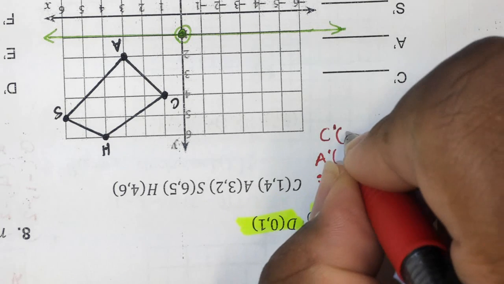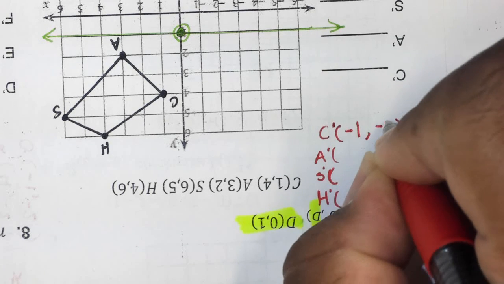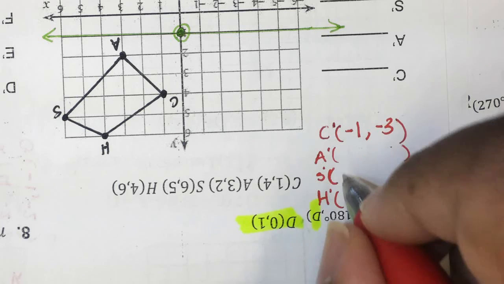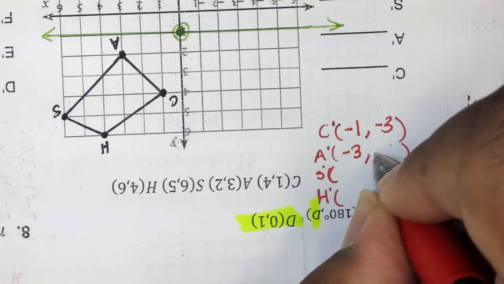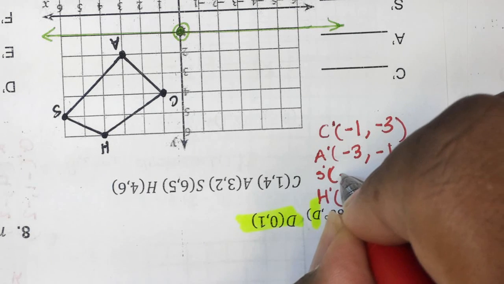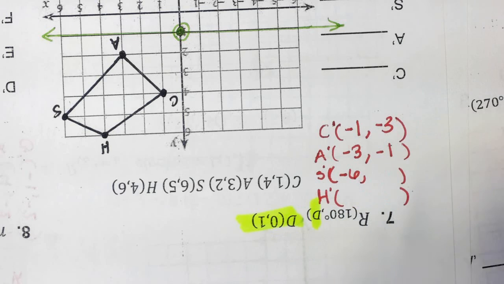There we go. -1, -3. A. -3, -1. Say that one again. -6.